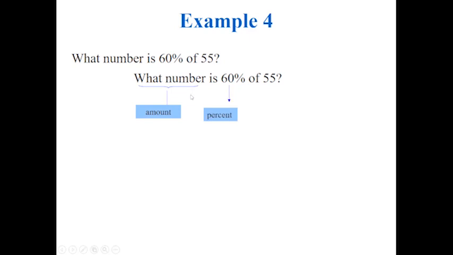And like I said, 60 is the percent, 55 is the base. If you want to set this up, this time we're going to solve for it. So keep that in mind if you're pausing and continuing. Amount over base equals percent number over 100.